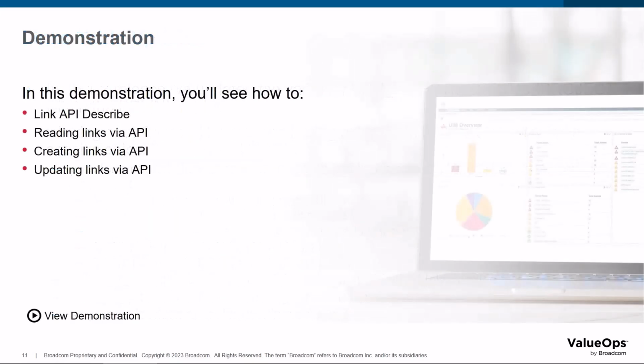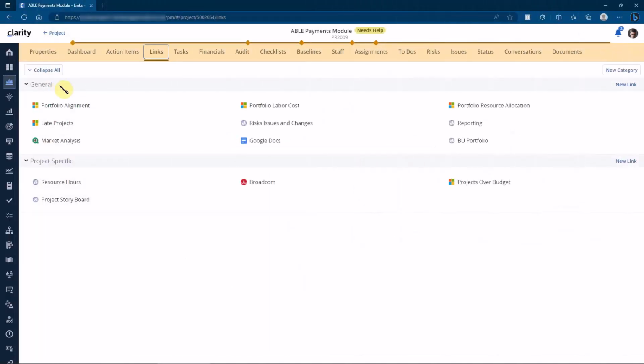All right, with that, let's see the product in action. So in this case, I am going to go into Postman, and I've already pre-created my endpoints for links that I would want to use for my demo purpose. Let's also look at a specific project within my Clarity 16.1.3.